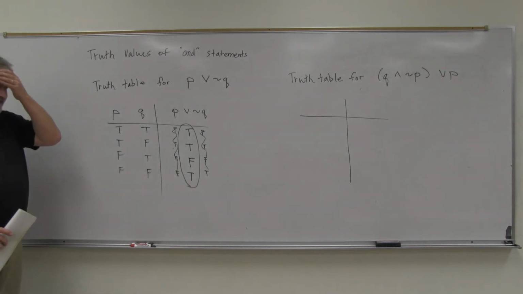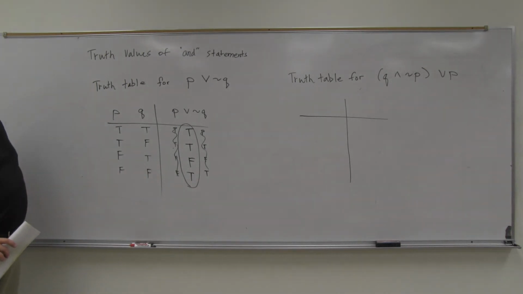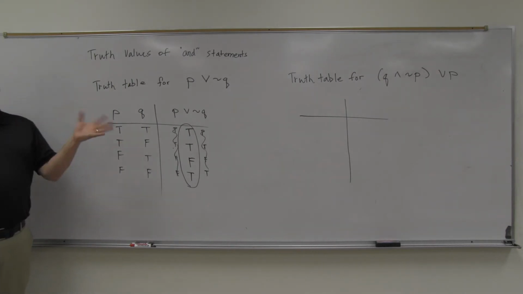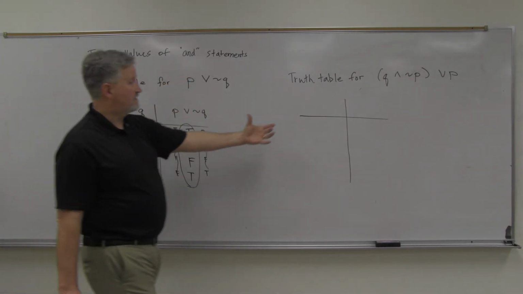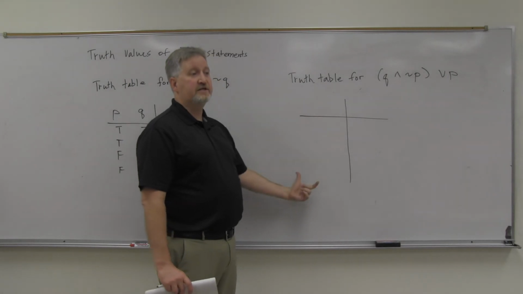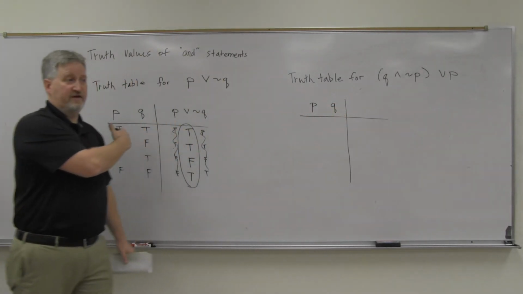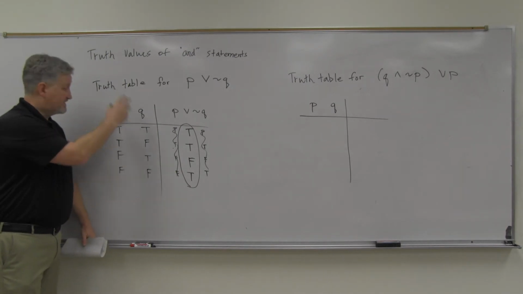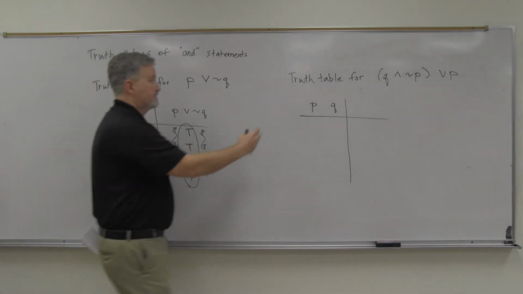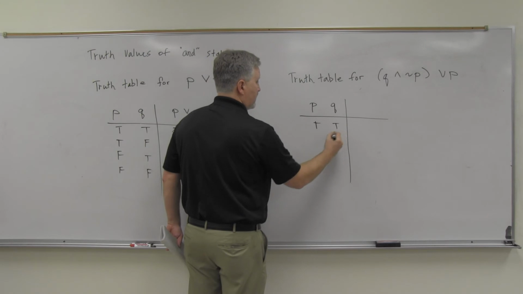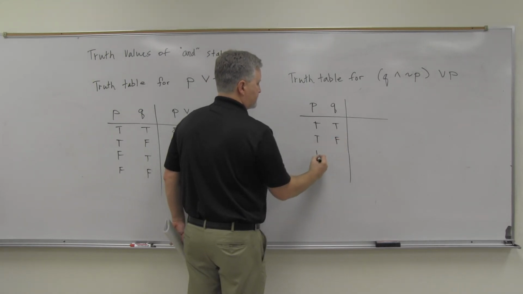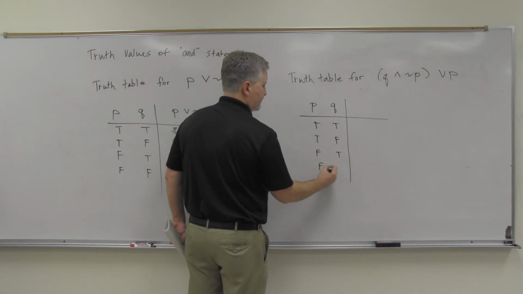That throws in a little bit of extra work. But in this case, I've just got P's and Q's, and so this side of the truth table is just P's and Q's. Same as the truth tables we've done. So you've got P, Q, and then true, true, true, false, false, true, false, false.